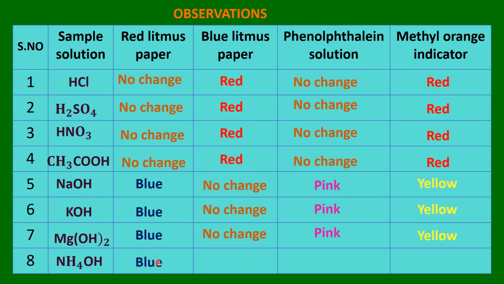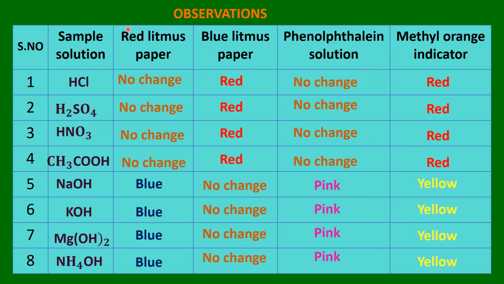So red litmus paper turned to blue, blue litmus remained same, and with phenolphthalein indicator, the solution turned to pink, and with methyl orange indicator, it turned to yellow. Okay, so with these 8 sample solutions, we have observed their response with the litmus paper as well as the indicator. So now we'll come to a conclusion.